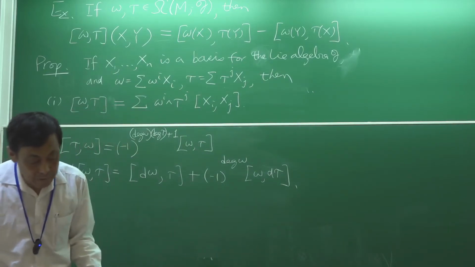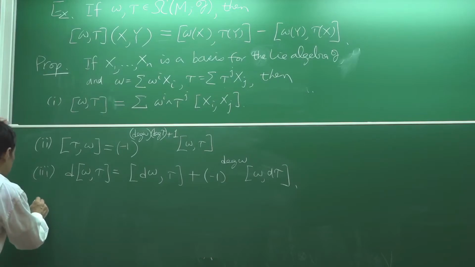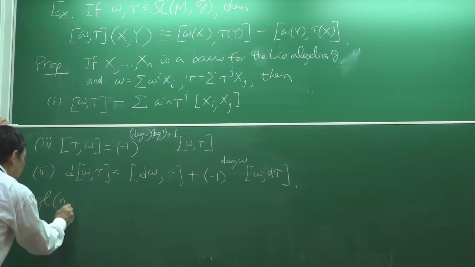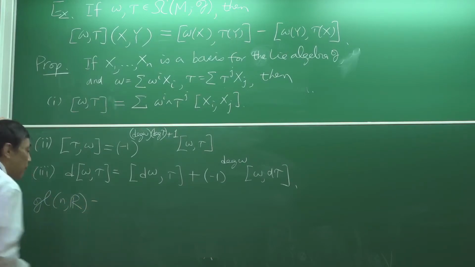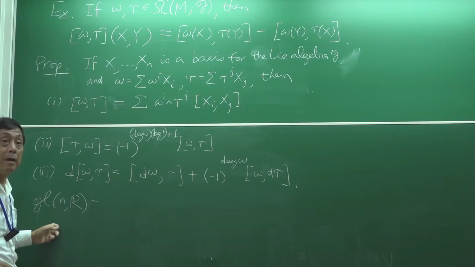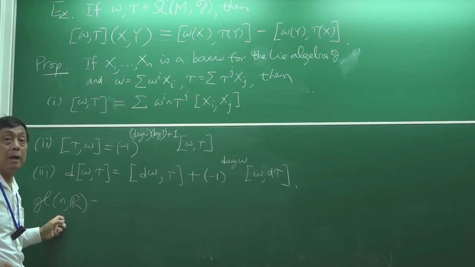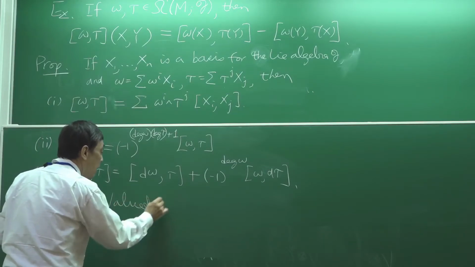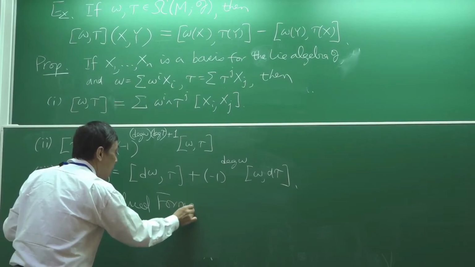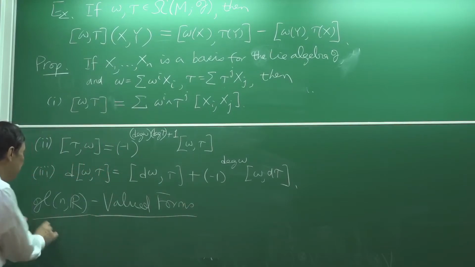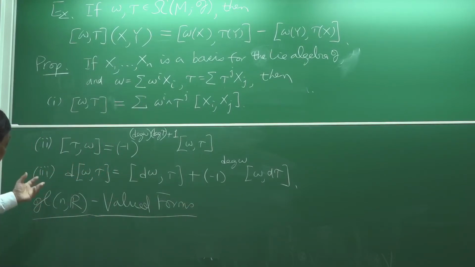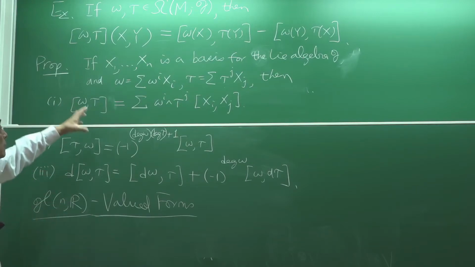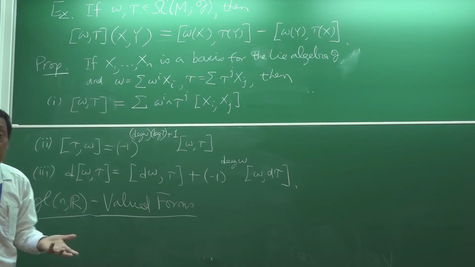Now, your Lie algebra might be GL n R, so these are the n by n matrices. If you have forms with values in the matrices, then in addition to the Lie bracket, you have another operation.